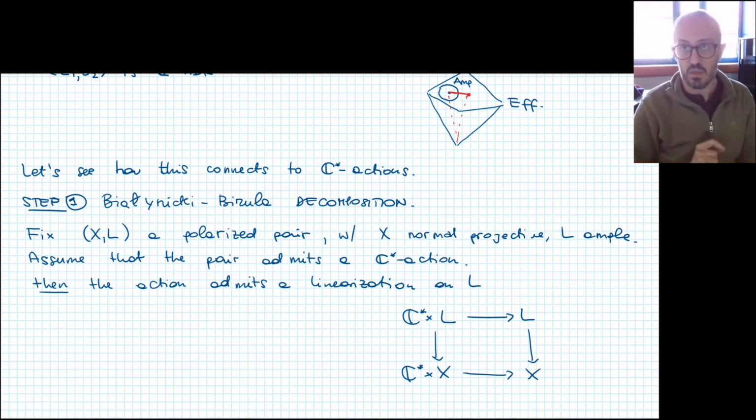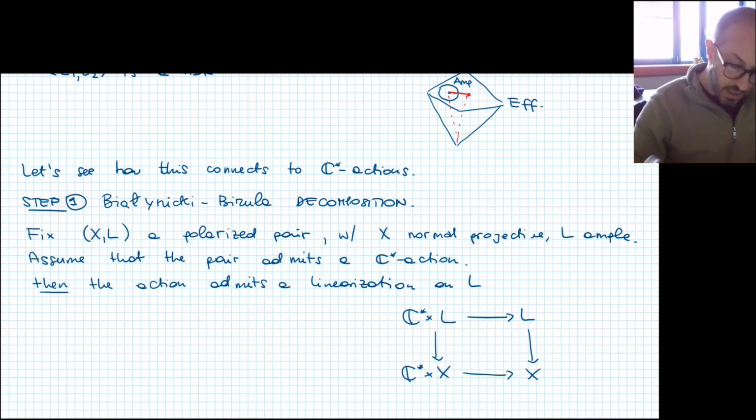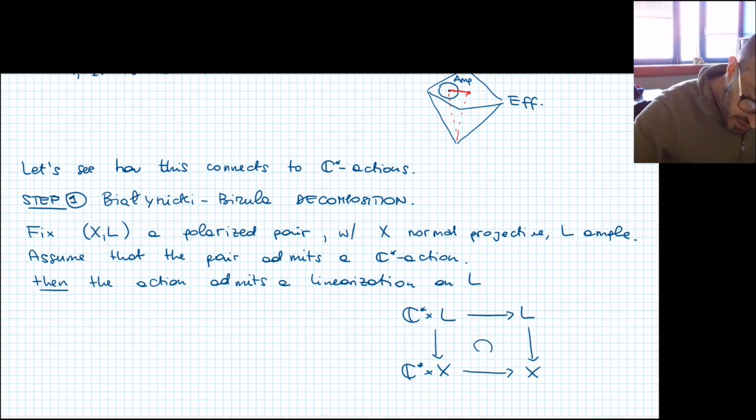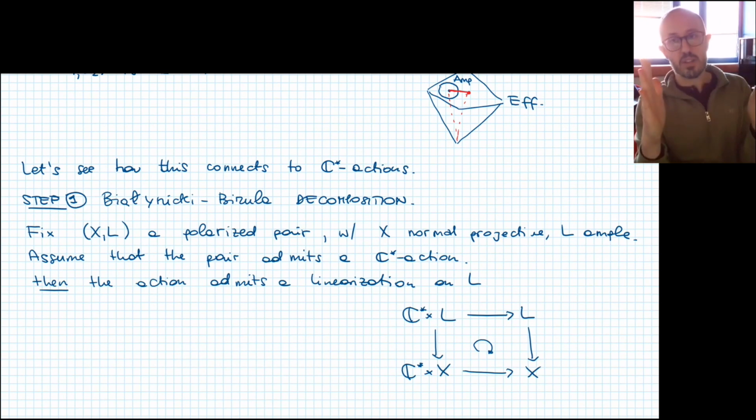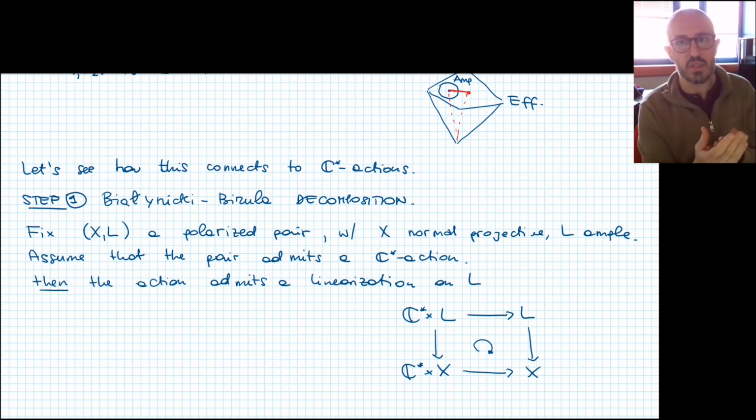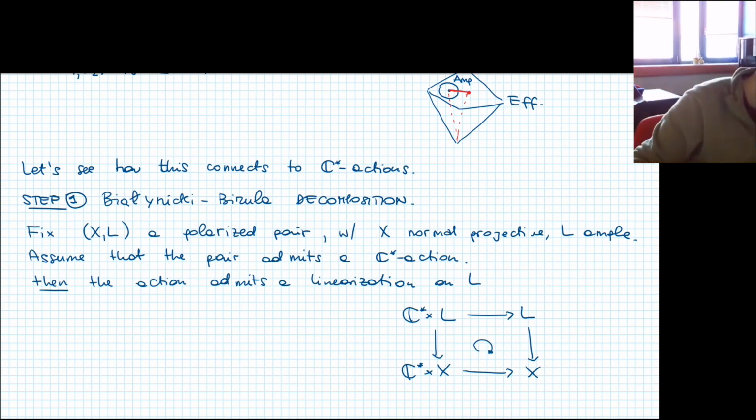So it's really nice, and this diagram is commutative. Okay. So when we have such an action on the variety, the natural thing to consider is the set of fixed points. And the Bialynicki-Birula decomposition gives a decomposition of the fixed locus components of a C-star action.